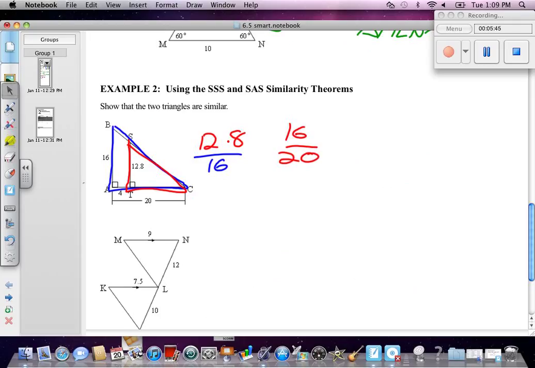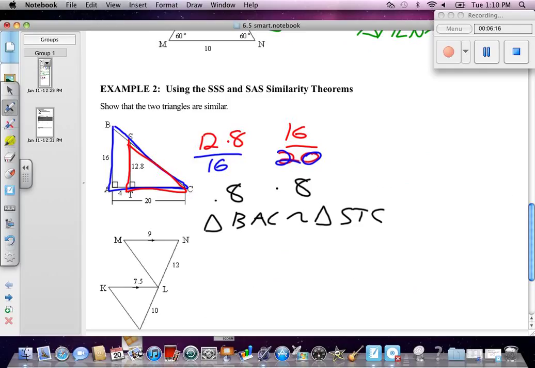And I want to see if these two are the same. So I take 12.8. Pretty easy, right? You're basically just dividing and saying that you're getting the same thing. You could have reduced the fraction instead, but I find it hard to reduce fractions when there's a decimal. So we know those are similar, so we write a similarity statement. Triangle BAC is similar to triangle STC.